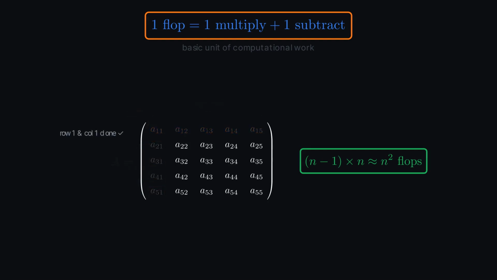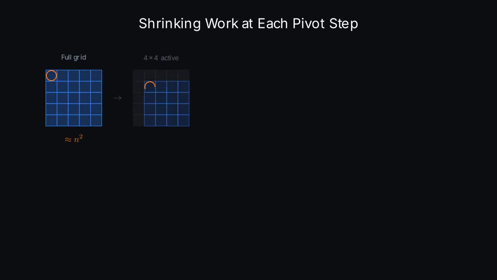After completing this elimination step, the first row and first column are done, and they won't change again. The remaining active region that still needs work is an n-1 by n-1 submatrix. The second pivot step works only on the smaller submatrix, costing roughly (n-1)² operations.